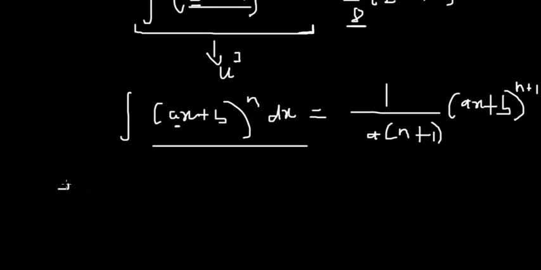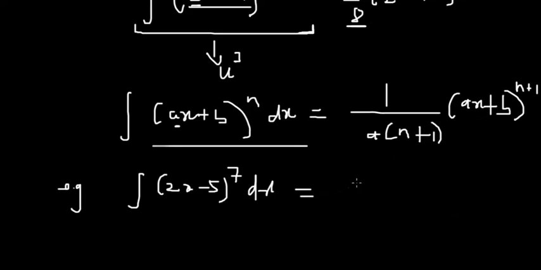So let's take another example so that you get to appreciate this approach. Let's say we find the integral of maybe (2x - 5) exponent 7 dx. Let's use the same approach.